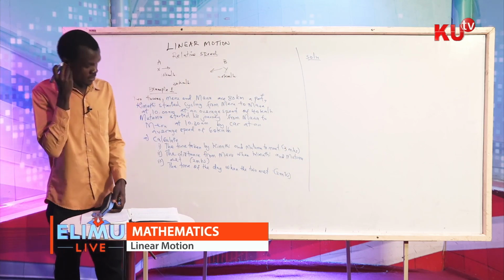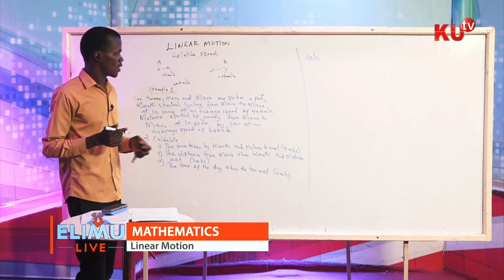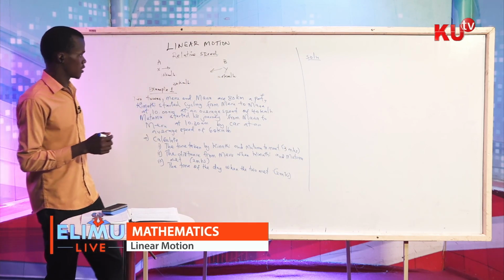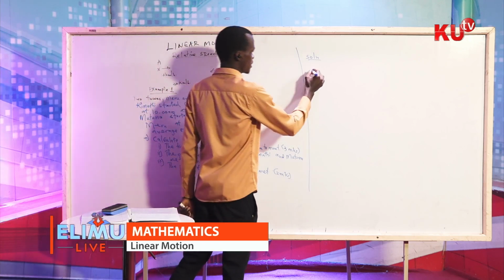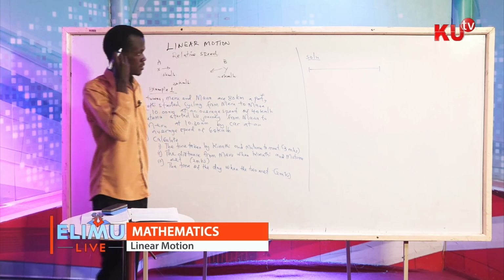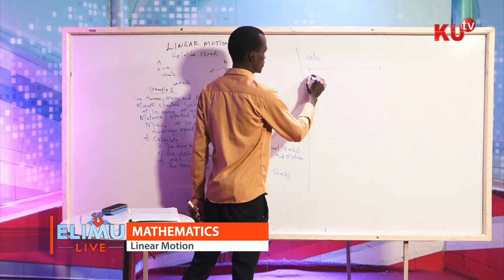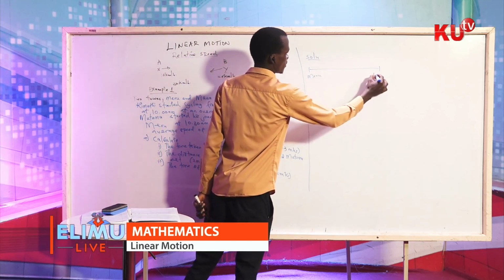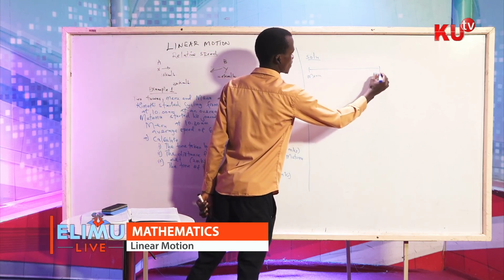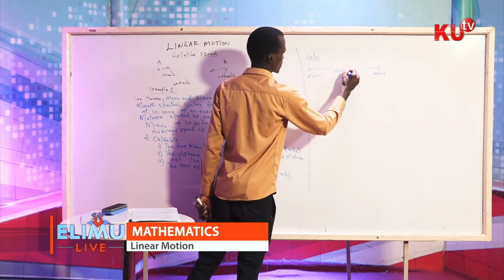Now first we want to interpret the question. We are given 2 towns, that is Meru and Maua, that is 80 kilometers apart. We are told that the linear motion is on a straight line. So this is Meru, then we have Maua, a distance of 80 kilometers.